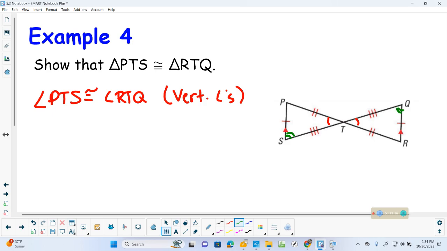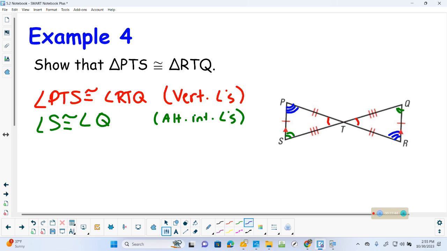Why are S and Q congruent? What type of angles are those? Alternate interior. See, geometry, the gift that keeps on giving. Just when you think you're done with a chapter, stuff comes back to haunt you. And again, I'm just going to put alt interior. I'm not going to get crazy. So clearly P and R are congruent.